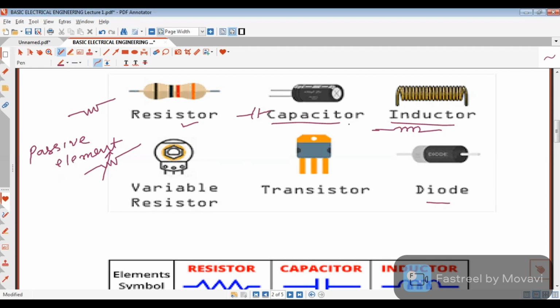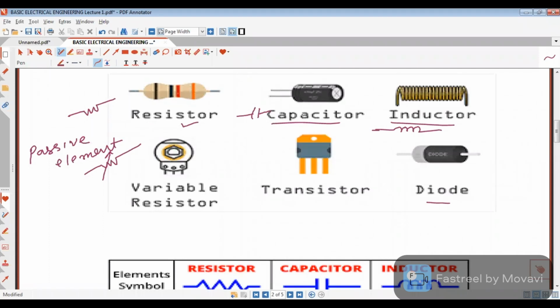So this is called a passive element. A resistor takes energy and loses it in the form of heat. It is also a passive element.